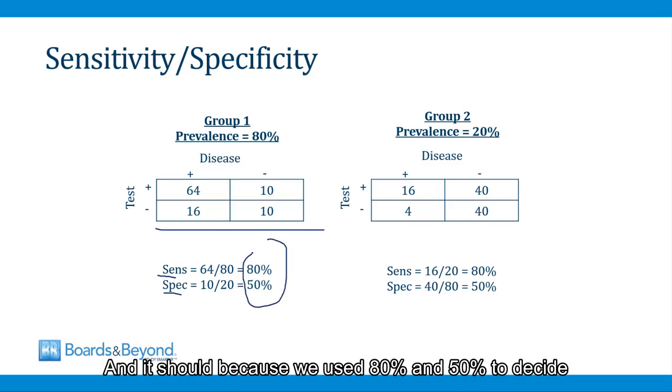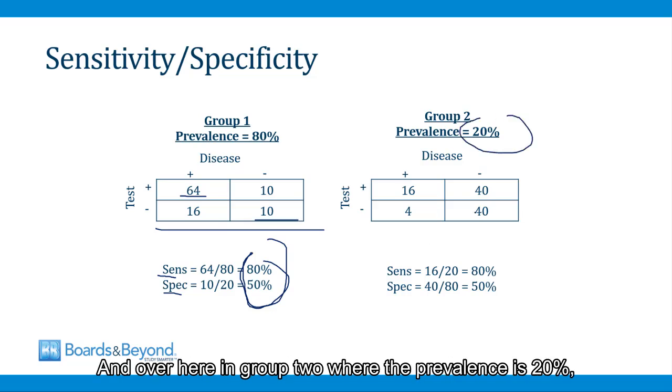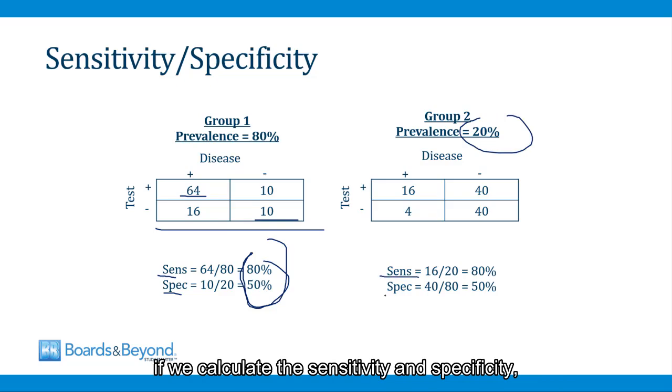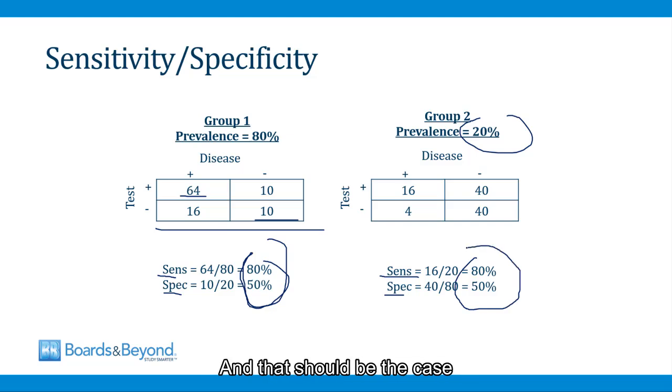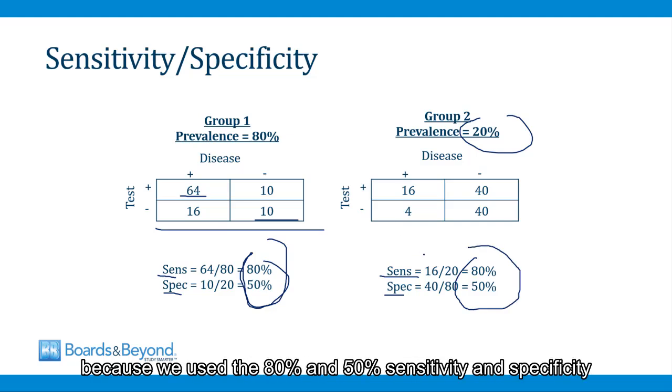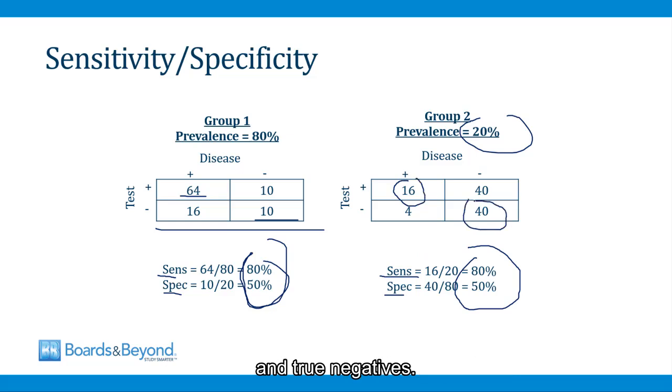And it should, because we used 80% and 50% to decide how many patients to put for true positives and true negatives. And over here in group 2, where the prevalence is 20%, if we calculate the sensitivity and specificity, once again, we get 80% and 50%. And that should be the case because we used the 80% and 50% sensitivity and specificity to decide on the number of true positives and true negatives.